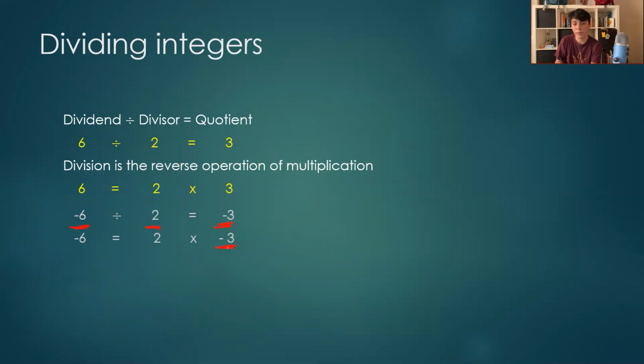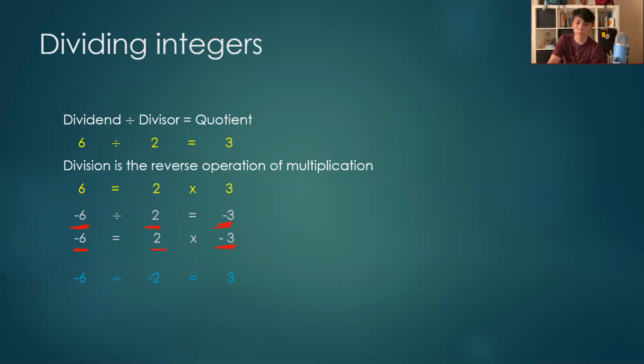And we have a negative number times a positive number, and we get a negative answer. So every time we have a mismatched number of negatives and positives in our equation, we're going to get a negative answer.